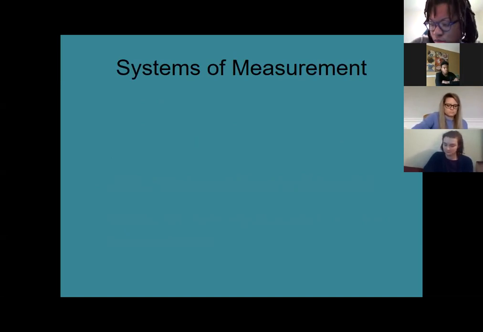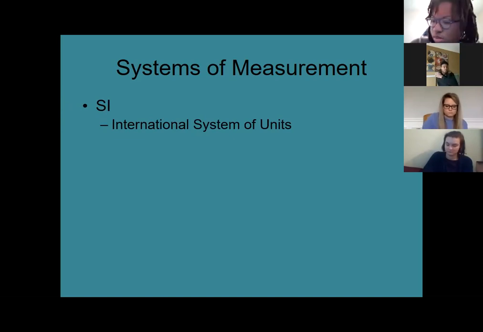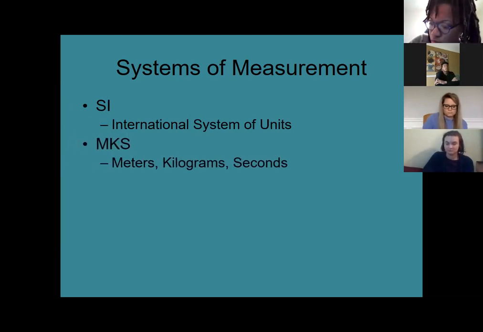So like I said, there are 4 different systems of measurement. The first is the Systems International, which is the International System of Units. Then we have the MKS system, which stands for meters, kilograms, and seconds. And these are the base units of that system.